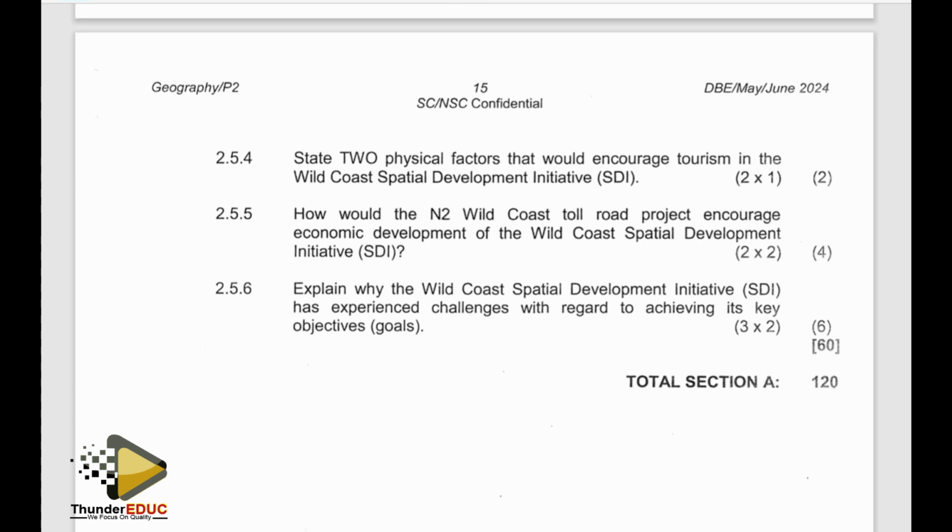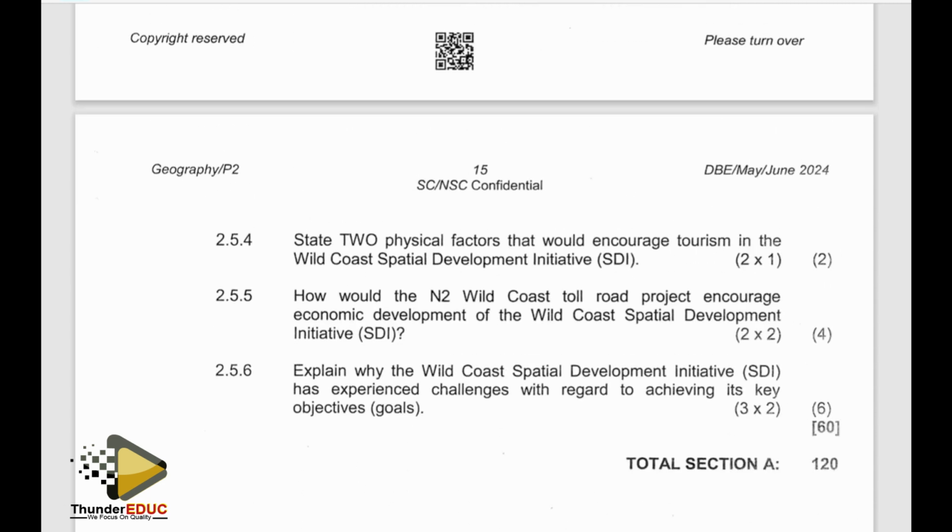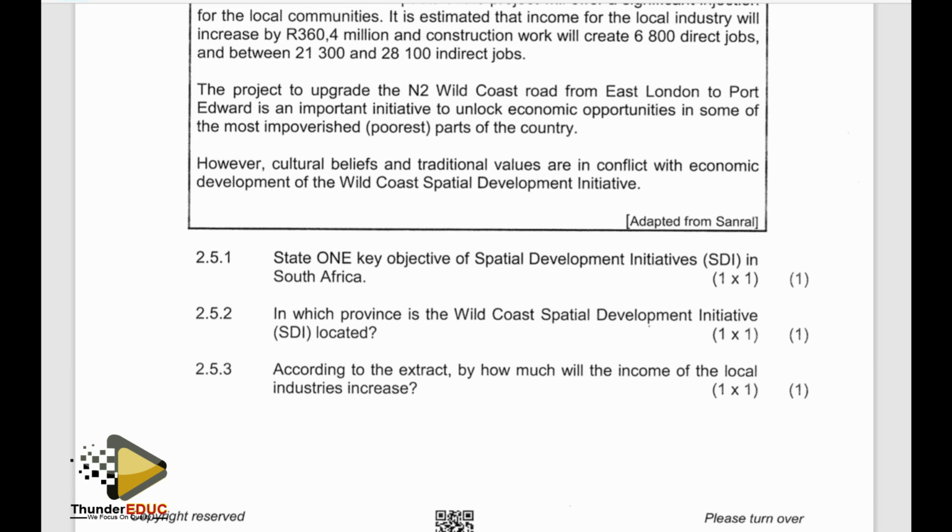So that is some of the arguments that explain why the Wild Coast SDI fails to achieve its intended objectives. It's failing to achieve the core idea of reducing poverty and also reducing the level of unemployment in the area.